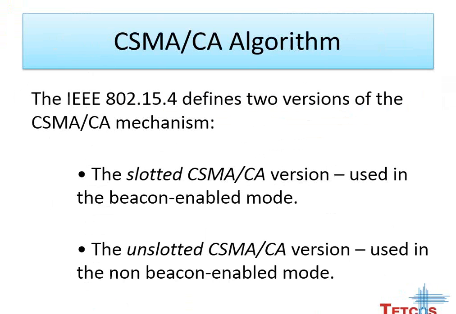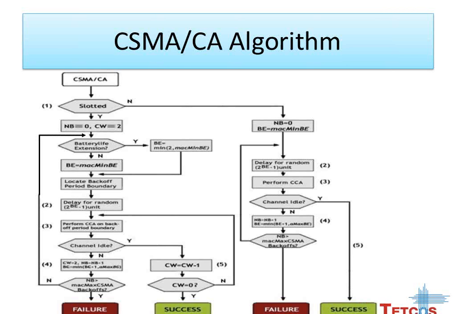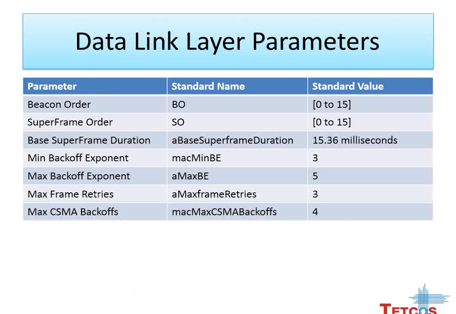So as per the standard, for beacon enabled mode, the slotted CSMA-CA version of the algorithm is used, and for non-beacon enabled mode, the unslotted CSMA-CA algorithm is used. And I'm not going deep into the algorithm because of time constraints. So these are some of the values which are implemented in NetSim as per the IEEE standard 802.15.4.